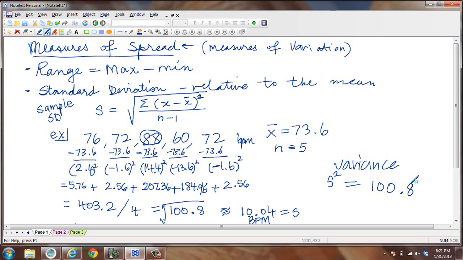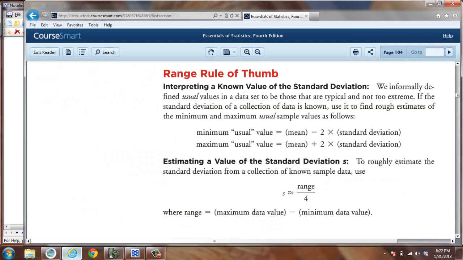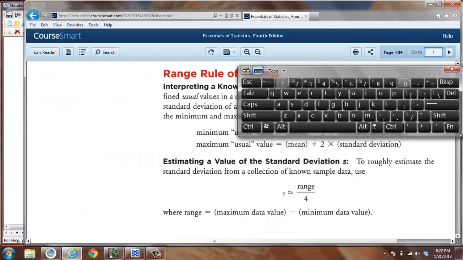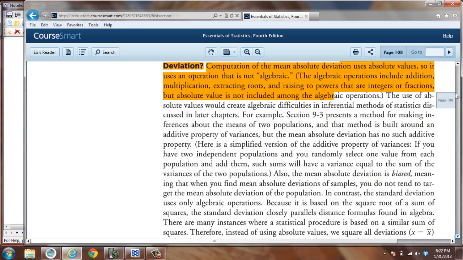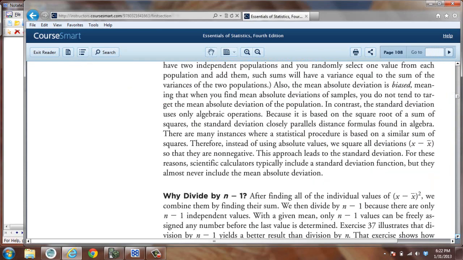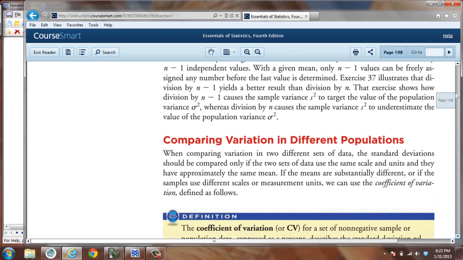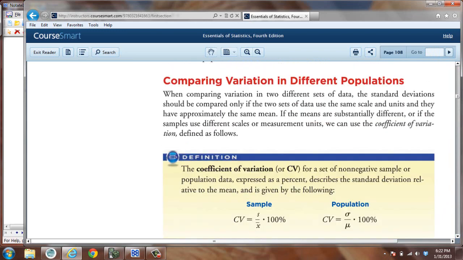Let me go over the coefficient of variation. It's on page 108 in your book. Now what the coefficient of variation tells me is how spread out the data is, or it tells you the standard deviation relative to the mean.